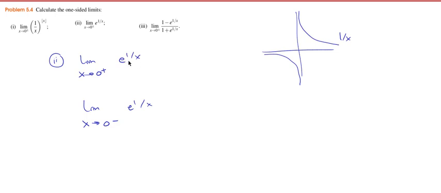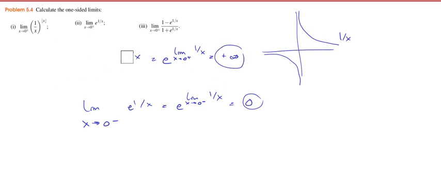So this is e to the limit when x goes to 0 from the right of 1 over x, which is infinity, so e to the infinity is plus infinity. When x goes to 0 from the left, 1 over x is minus infinity, so e to the minus infinity is 0.